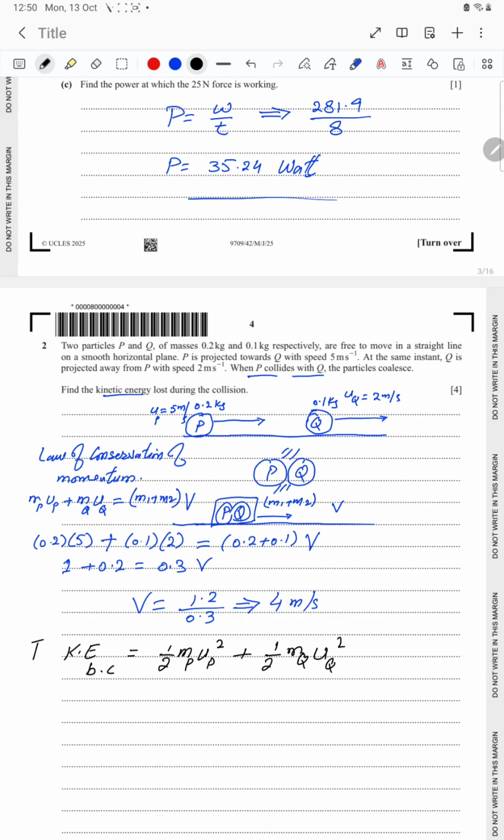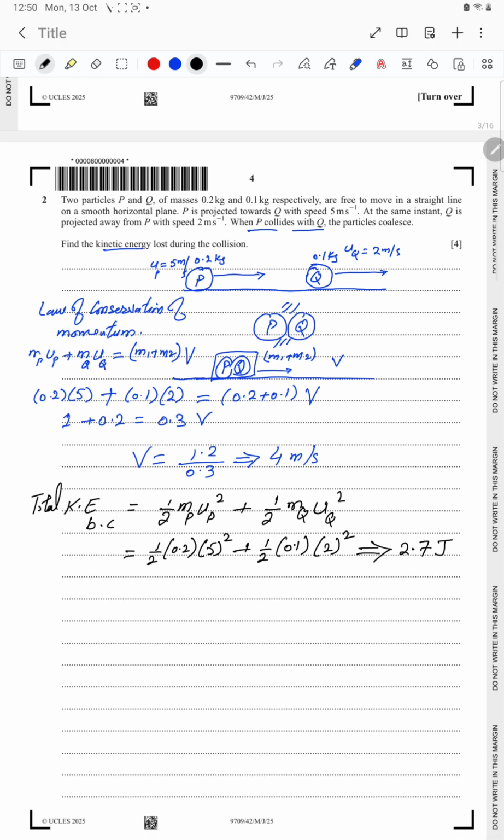This is the total kinetic energy before collision. So it is 1 by 2 times 0.2 times 5 squared, plus half times 0.1 times 2 squared. We can calculate this to get 2.7 joules of energy before the impact.